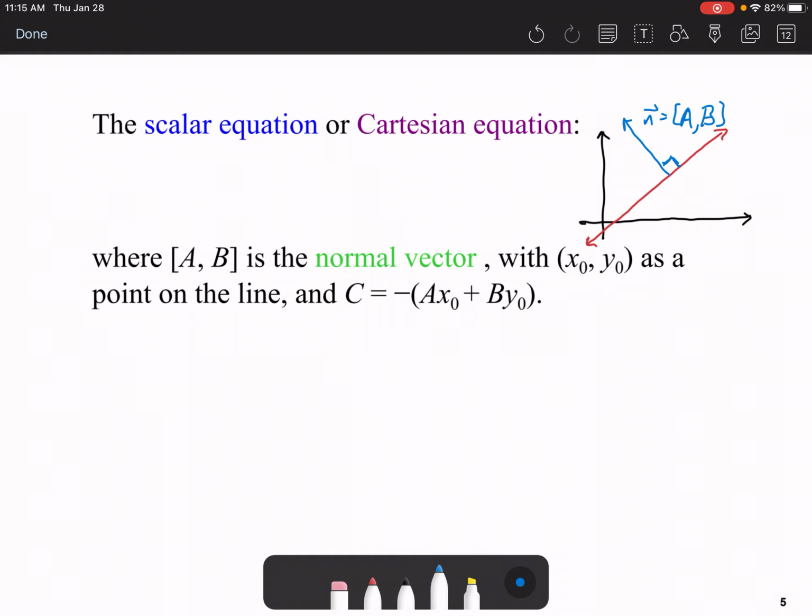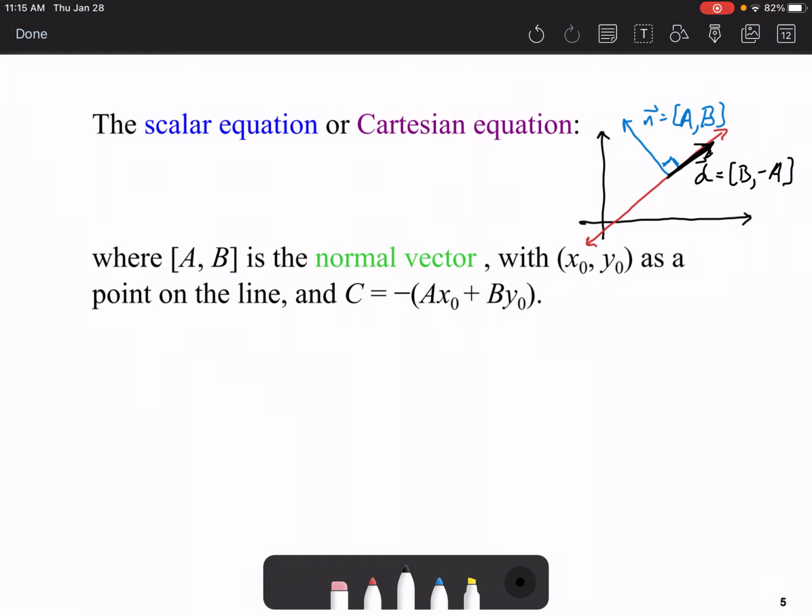Well, how does it relate to the direction of this line? If we remember, the dot product between (A, B) and the direction has to be 0. So that means this direction has to be probably (B, -A), or (-B, A).